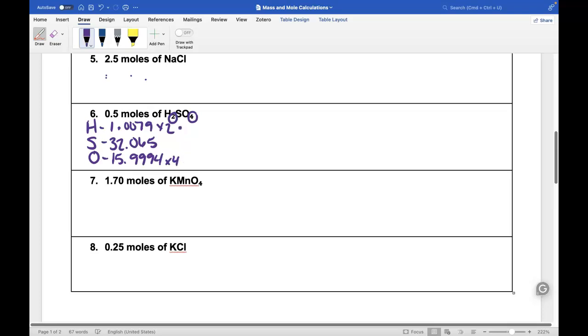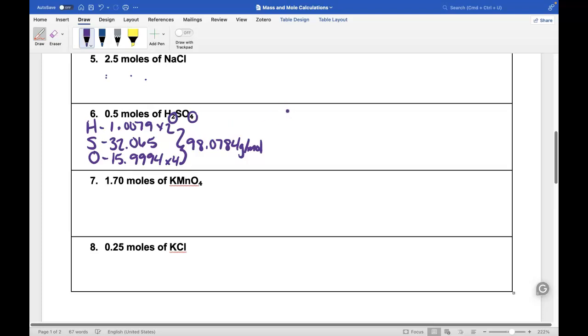I'm going to do this on my calculator: this times 2 plus this times 4, putting these in parentheses so it does it correctly. When I do all of that, I get 98.0784 grams per mole. So 1 mole of this substance weighs 98.0784 grams.